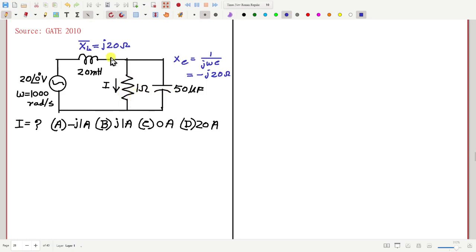Therefore, whatever current comes through the inductor will mostly go through the resistance, and the capacitor current will be almost equal to 0 because that impedance is much larger. We can use this approximation, and then this current is also I approximately. And now how much is I?